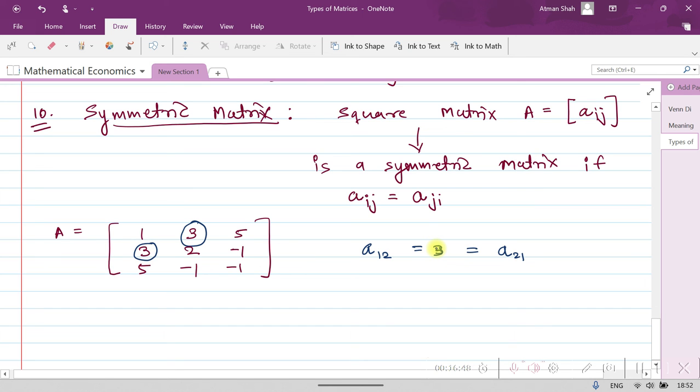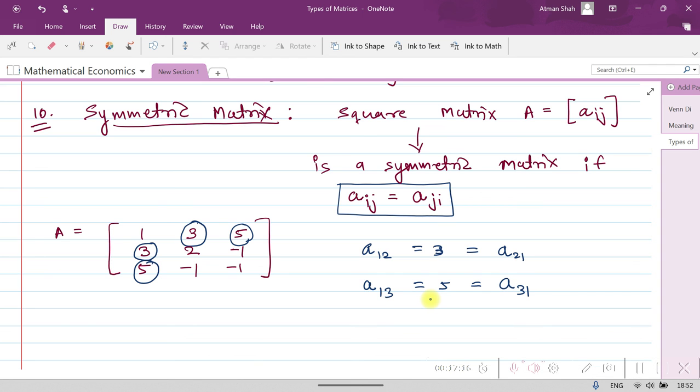It is 3. So therefore Aij is equal to Aji. Similarly, you see the value of A13, that is first row and third column. It is 5. So therefore A31, that is third row, first column, is also 5. So a square matrix is a symmetric matrix if Aij is equal to Aji. So that is the idea of types of matrices.